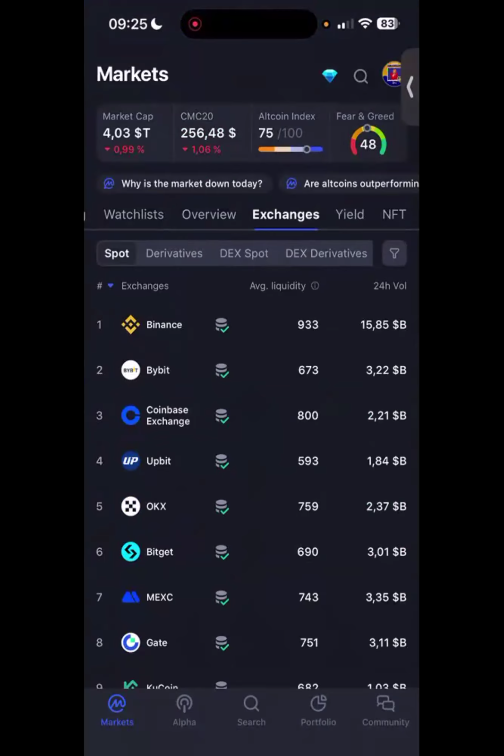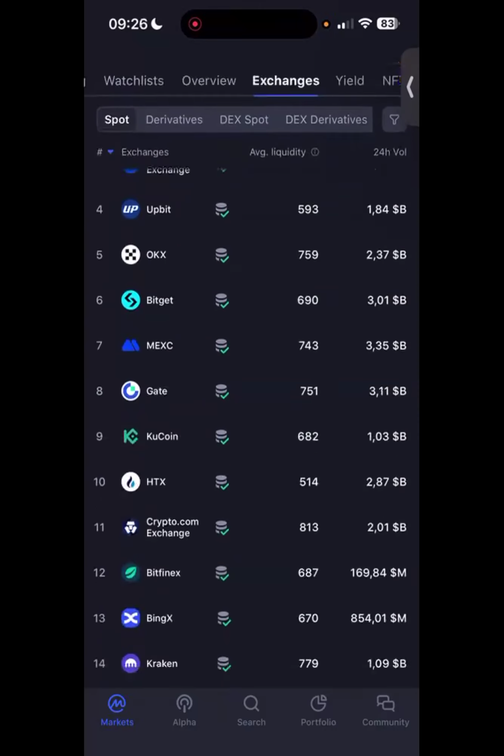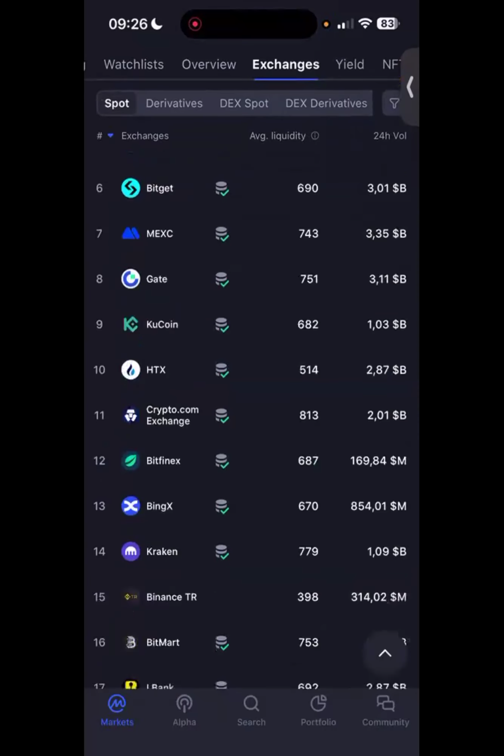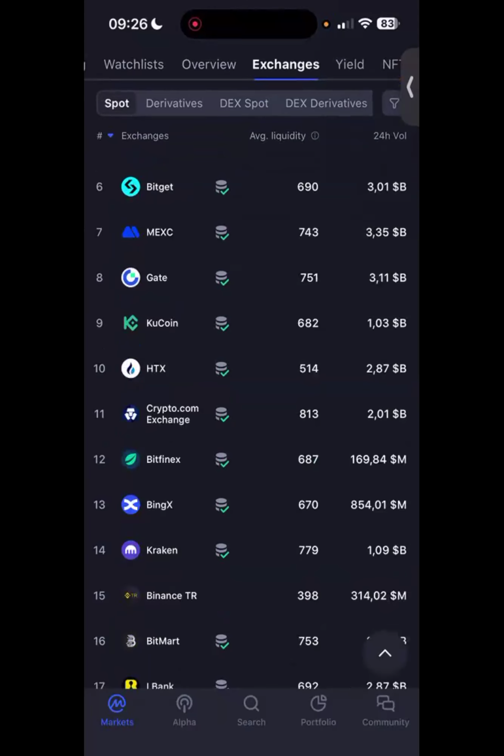Okay. These exchanges are rated or ranked based on their performance. So Binance, you can see to be number one. We have Bybit, we have OKX, we have MEXC, we have Gate.io, we have KuCoin, and we have HTX. Kraken is number 14.